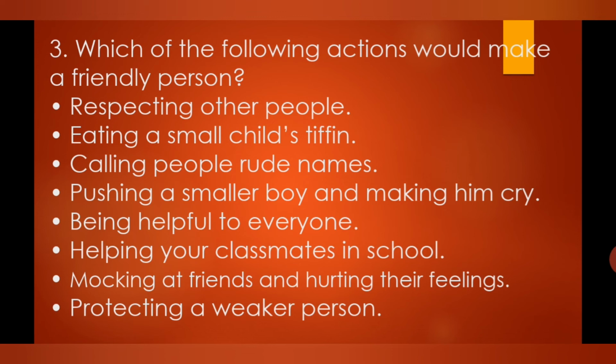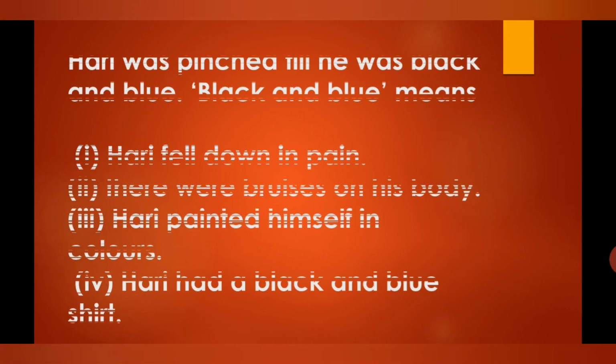What are the actions that will make a friendly person, children? So, respecting other people, being helpful to everyone, helping your classmates in school, and protecting a weaker person. Very good. Now let's see the next question.